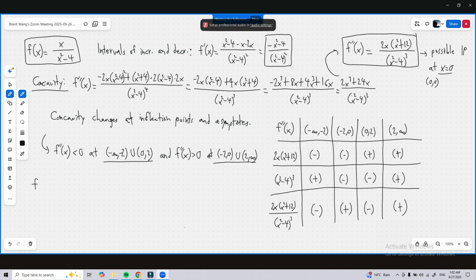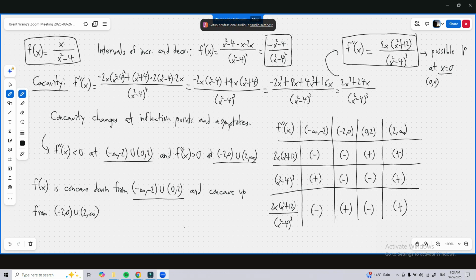So therefore, f of x is concave down from negative infinity to negative 2 union 0 to 2, and concave up from negative 2 to 0 union 2 to infinity.